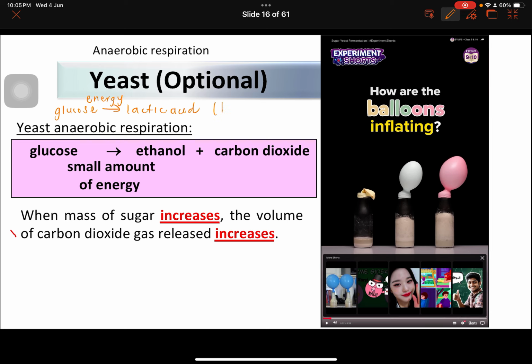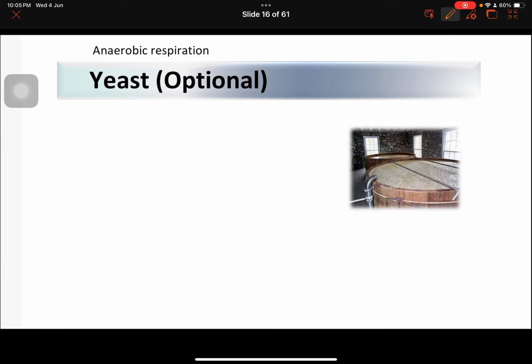This happens in human. Yeast produces two different products instead, ethanol as well as carbon dioxide. So what helps to inflate the balloon? It's the release of carbon dioxide that helps to inflate the balloon.